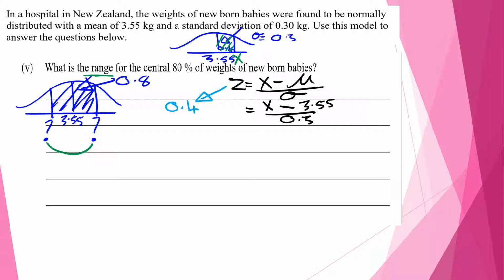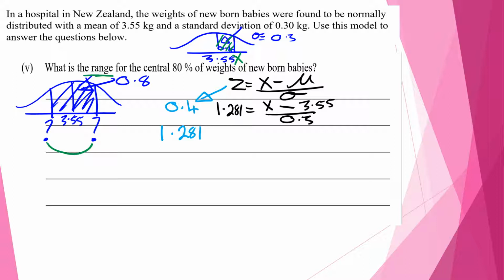So when we look up 0.4 in our standard distribution tables, we get a value of 1.281, and that's to 3 decimal places, but feel free to do it to 1 decimal place if that's where you go with that.